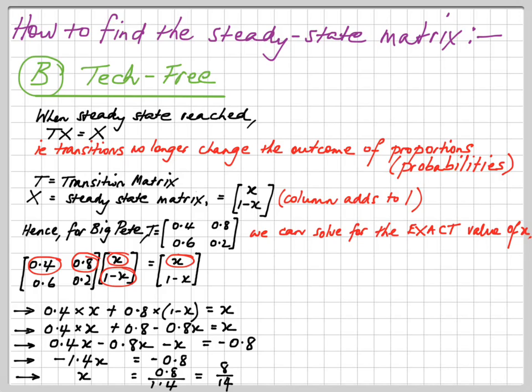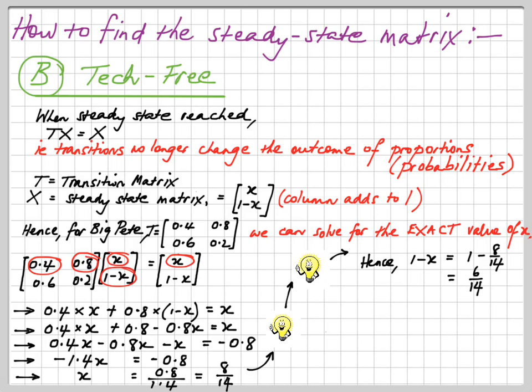So that looks like, guys, that is the steady state probability of Pete riding to work. There it is, yes, we do see the light. It's quite amazing, and the light is bright. So therefore, 1 minus x would be 1 minus 8 over 14, which is 6 over 14, which is 3 over 7. Okay? So therefore, 4 over 7 riding, 3 over 7 carring.